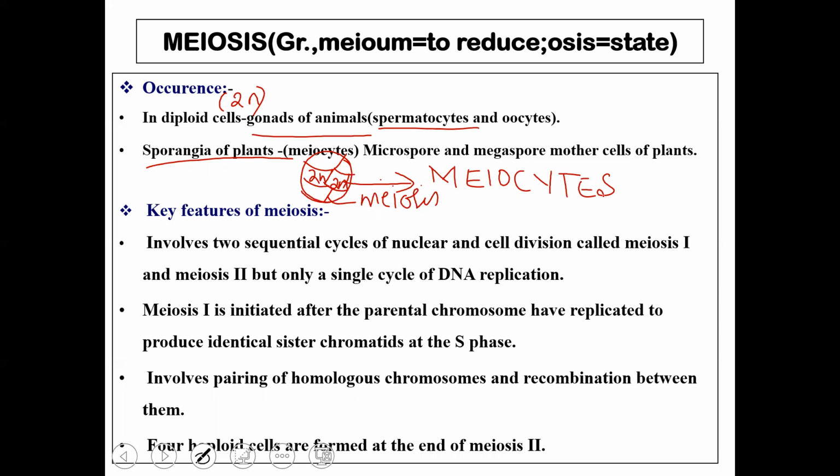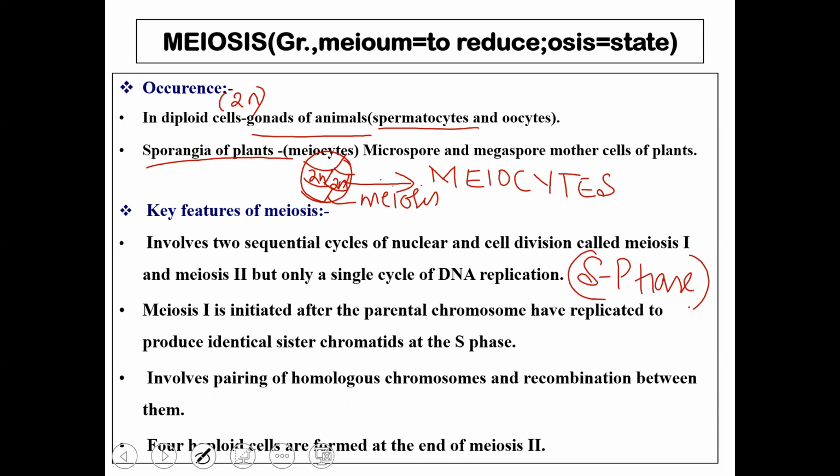So let us look into the key features. I've already told you about the key features of meiosis. It involves two sequential cycles of nuclear and cell division called meiosis 1 and meiosis 2, but only a single cell cycle of DNA replication, which happens in S phase.